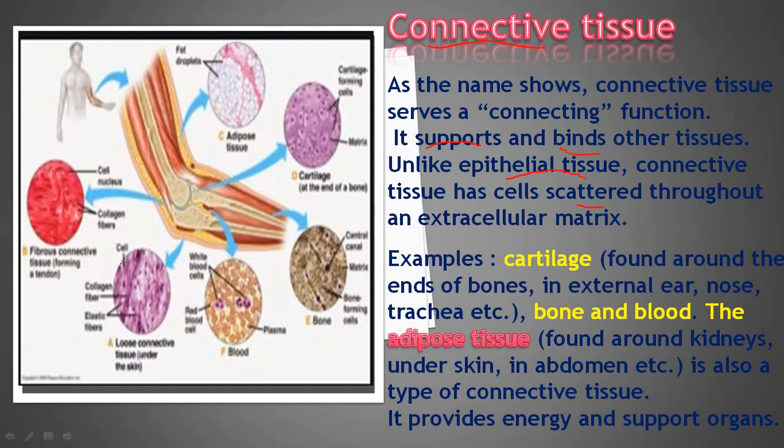You can see these are the cells, all the cells, but they are not stuck together, and they have spaces between them. For example, you can see these are blood cells. So these are the spaces, and inside that, this is plasma. So the cells are scattered throughout an extracellular matrix.